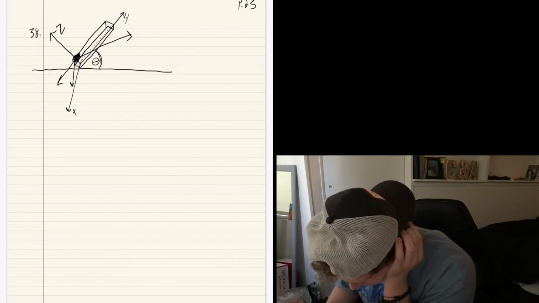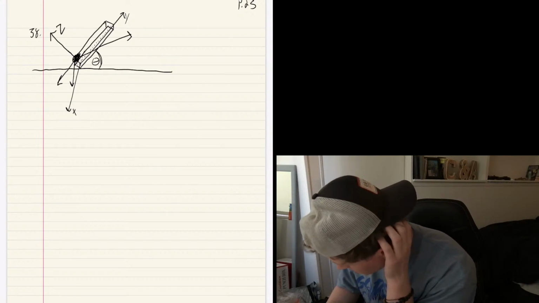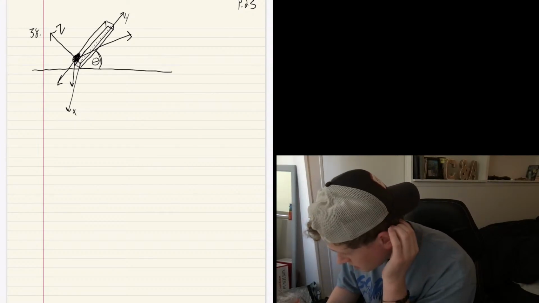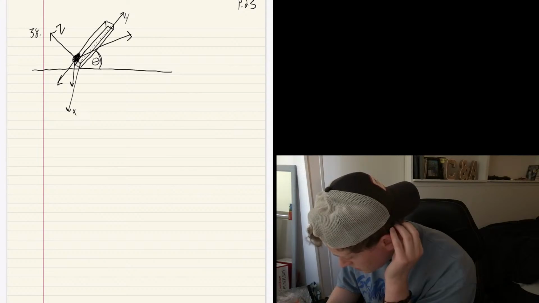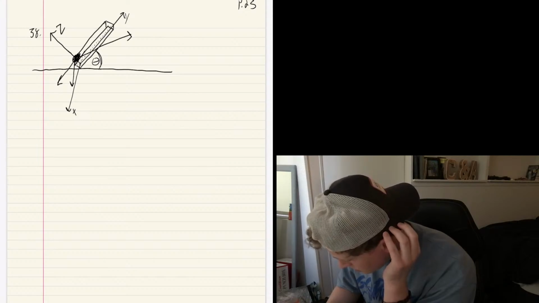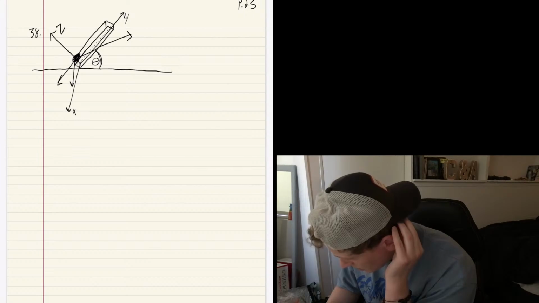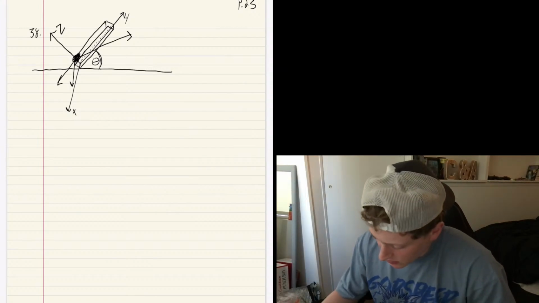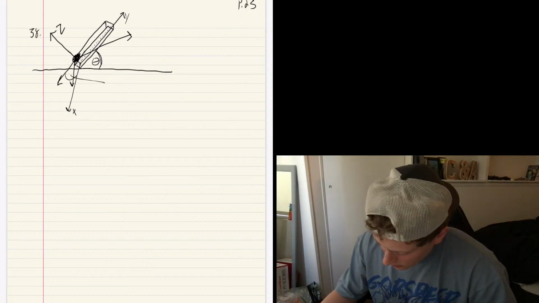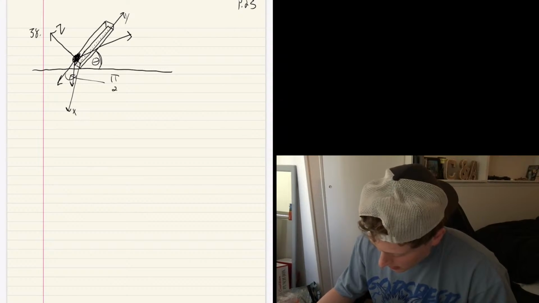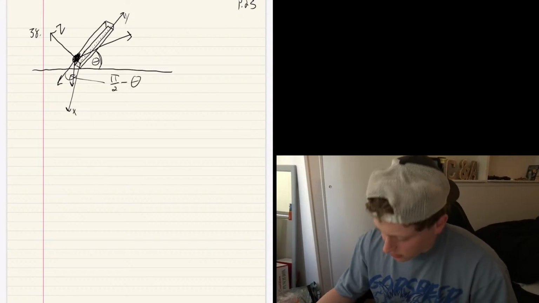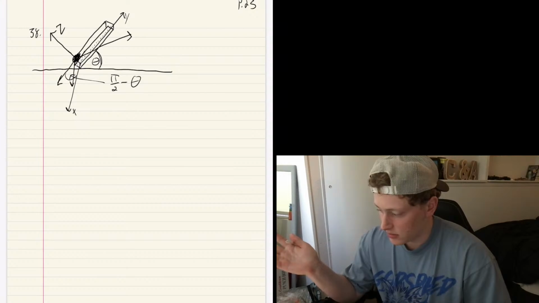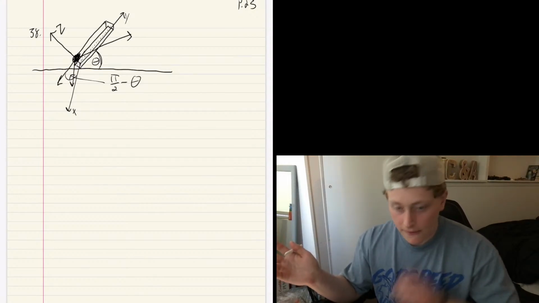Would it not? Am I stupid? No, it would be minus theta. So it'd be 90 minus theta. So I think this angle is pi over 2 minus theta. So that means that it's really mg sine of theta, I think.